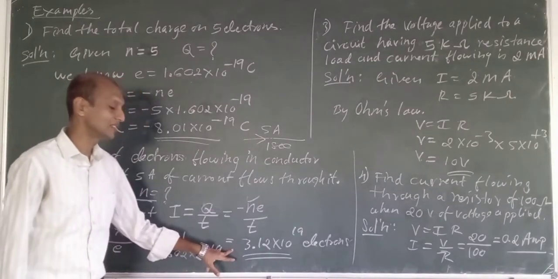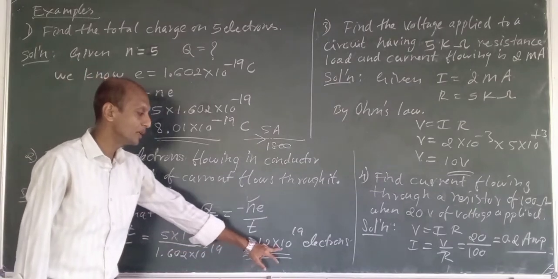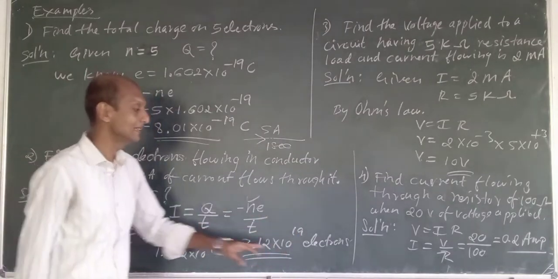If I do that calculation, we will get 3.12 × 10^19 electrons.